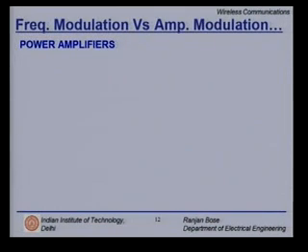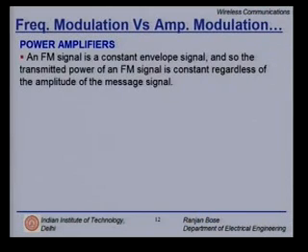Let us talk about FM versus AM from the perspective of power amplifiers. An FM signal is a constant envelope signal. There is no information in the amplitude of the signal, and so the transmitted power of an FM signal is constant regardless of the amplitude of the message signal. This is very important.